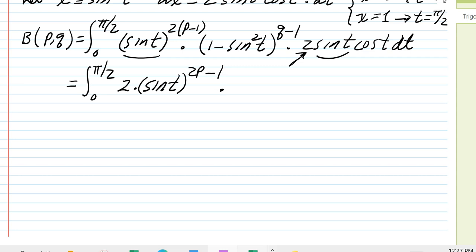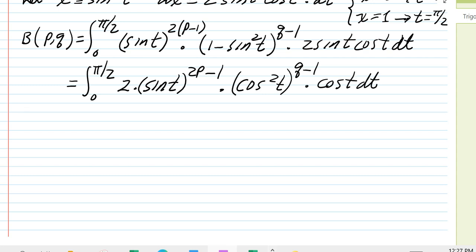Now in parentheses, 1 minus sine squared is cosine squared. So this latter factor becomes cosine squared t to the power of q minus 1 times cosine t dt. And remember, the sine here is absorbed in this one now.